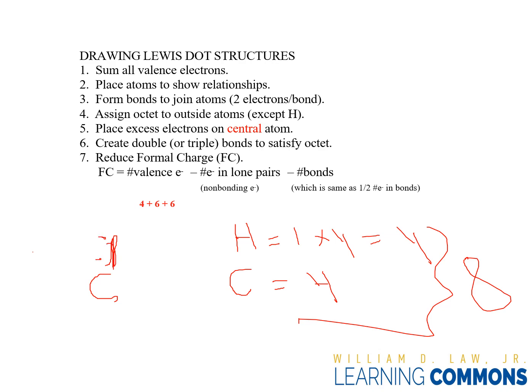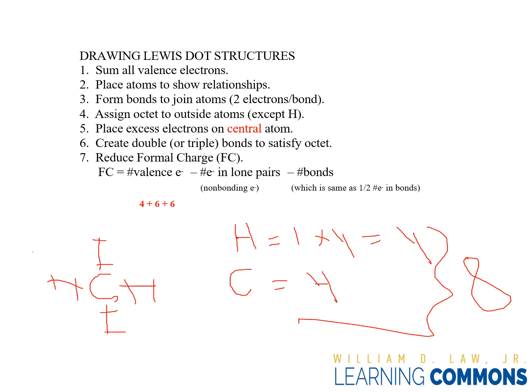But most of the time we write a dash like this, and each dash has 2 electrons: 1, 2, 1, 2, 1, 2, 1, 2.